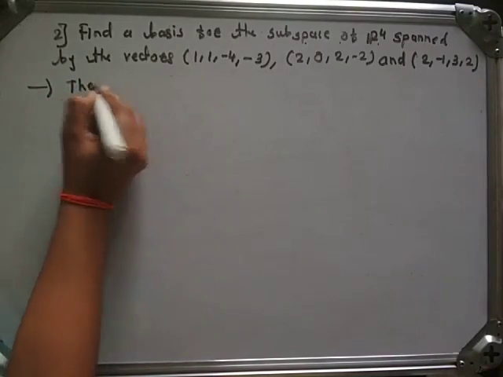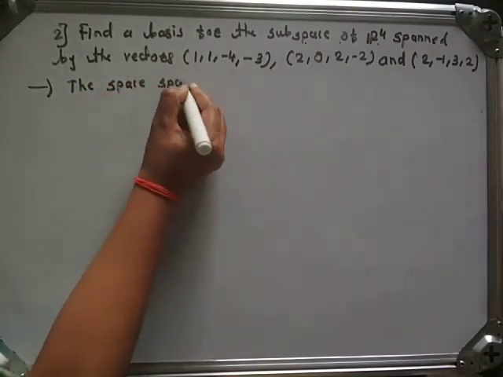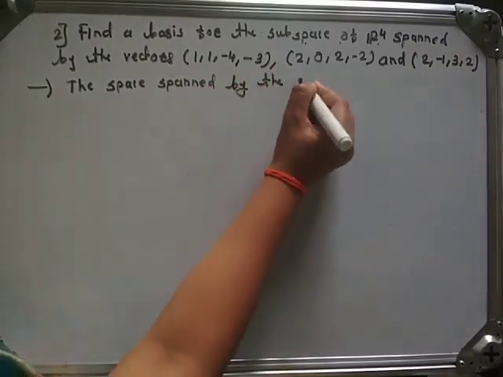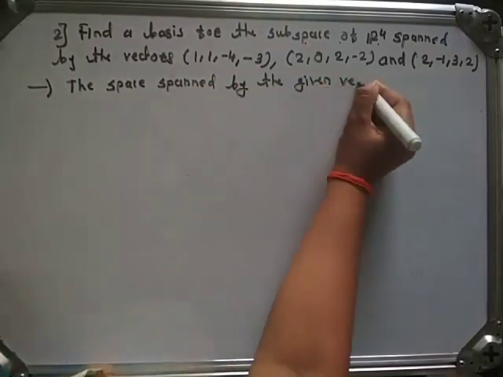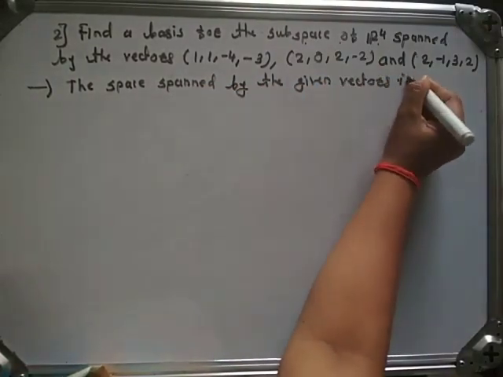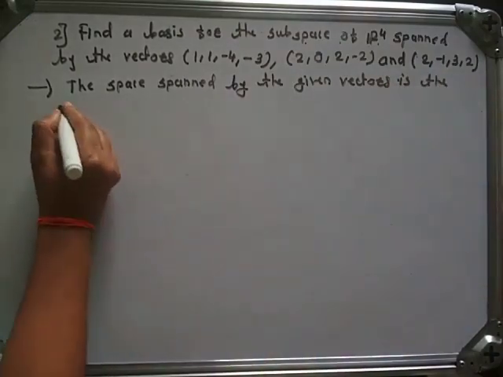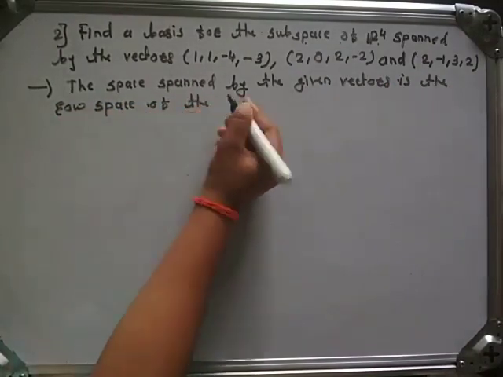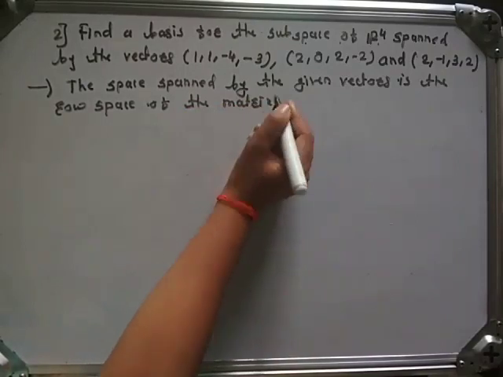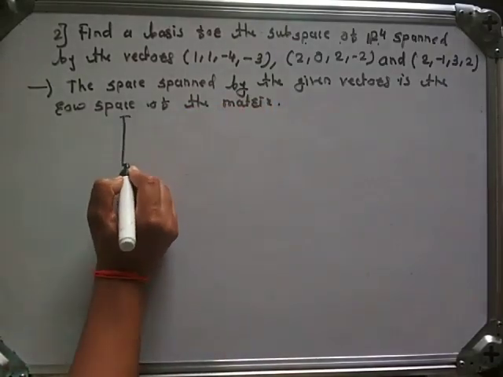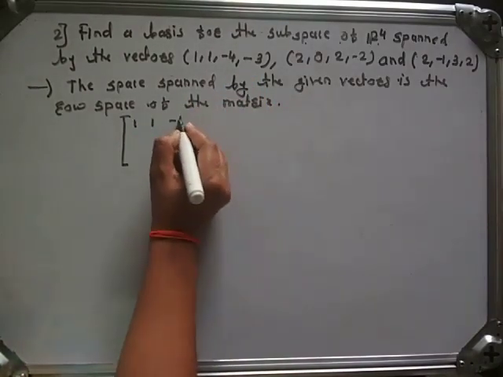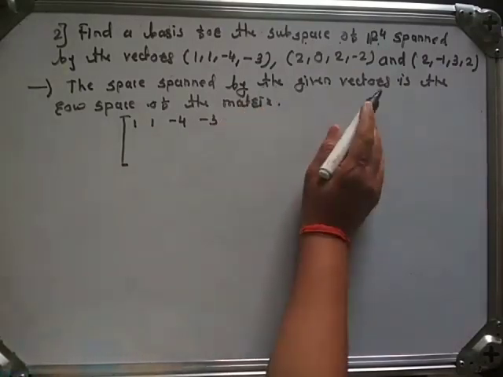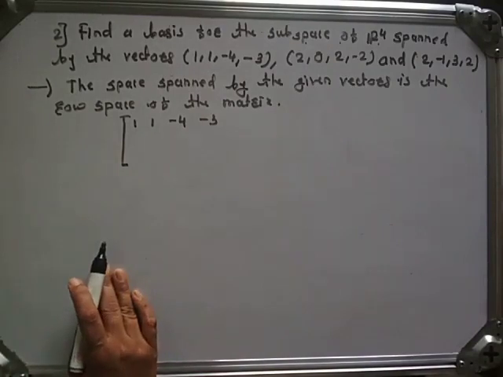Okay. Solution. The space spanned by the given vectors is the row space of the matrix.